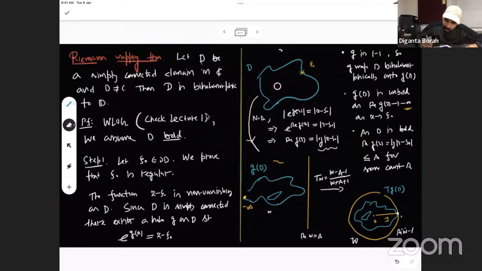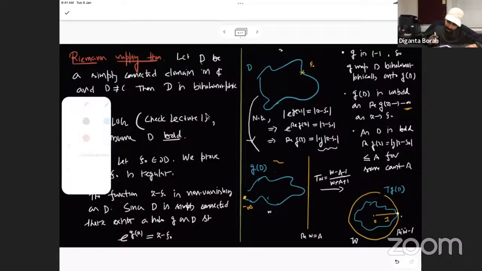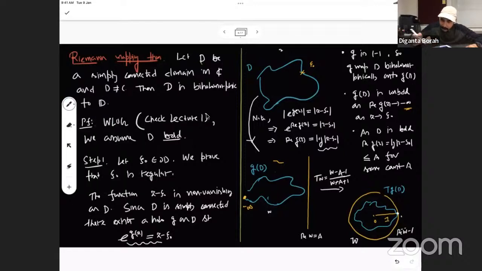Sorry, this was a mistake. This step would not have been true if I didn't know that this is simply connected. So no hole in the domain.